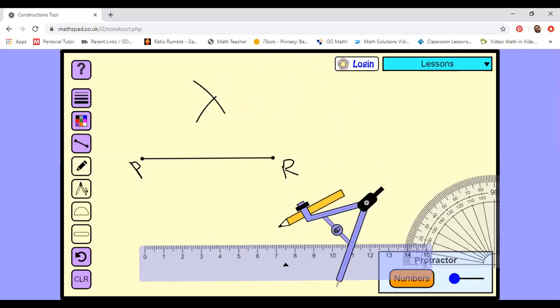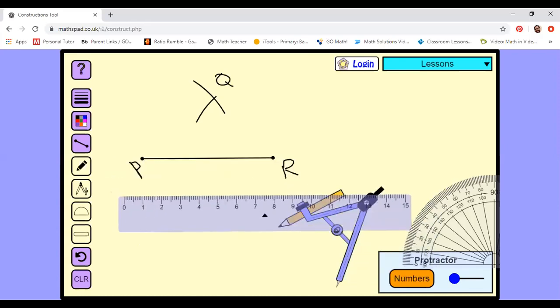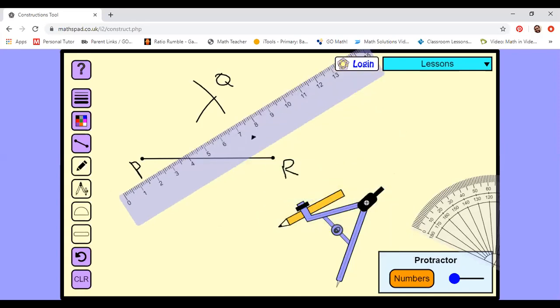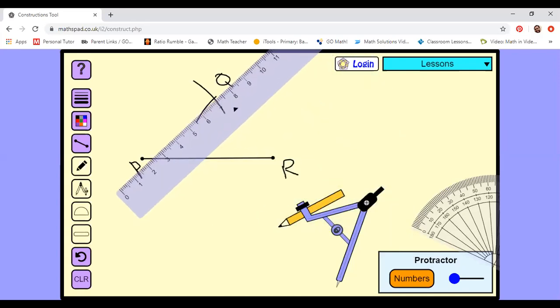The intersection point here is the point Q. Then I will use my ruler to join the point P and the point Q.